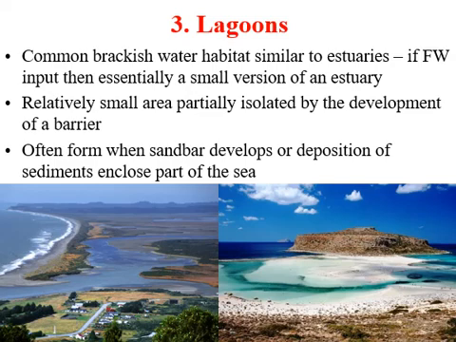Some of these lagoons are hypersaline because of evaporation and the lack of input of water from the ocean. But they're small areas, and yet they have different types of physical features. They have different types of biological features that are associated with them.